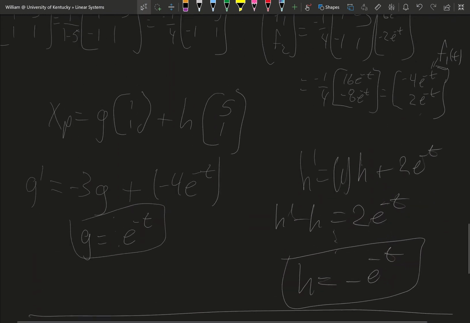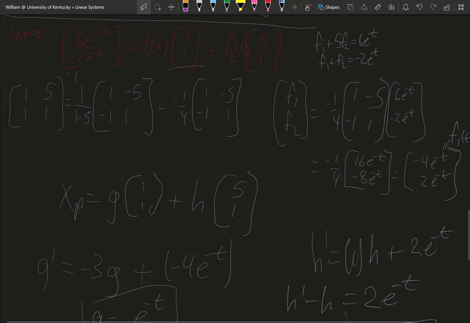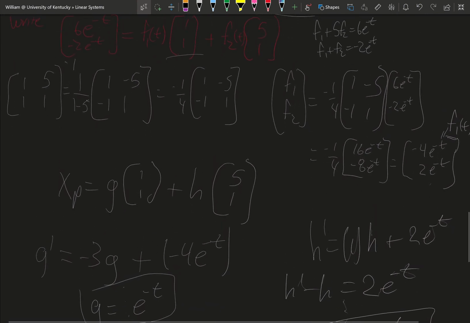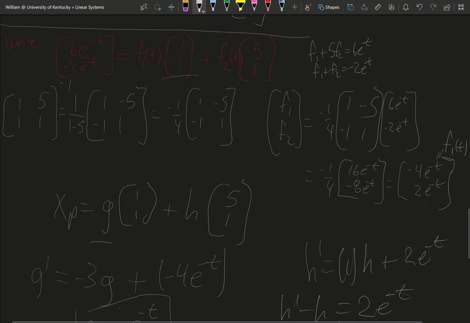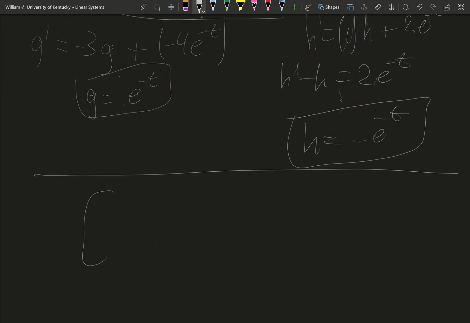But regardless, what we do next is we just write our particular solution. So right here, e to the -t, 1, 1, plus negative e to the -t times 5, 1.